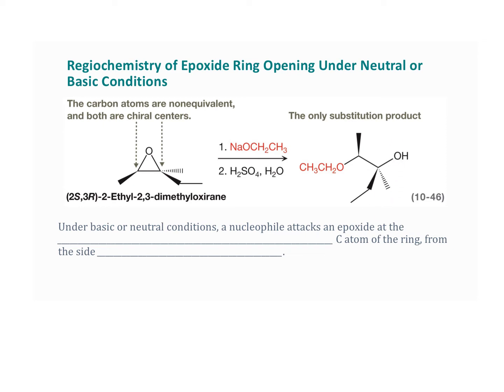And so what we can say then is under neutral or basic conditions, a nucleophile attacks an epoxide at the less highly alkyl substituted carbon atom of the ring from the side opposite the oxygen atom.